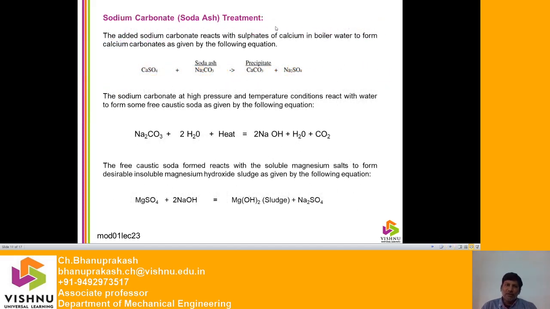Now we will discuss one of the methods of internal treatment of water: sodium carbonate, or soda ash treatment. See here, soda ash is the chemical we add to the calcium sulfate in the boiler water, and it gets precipitated into calcium carbonate and Na2SO4.